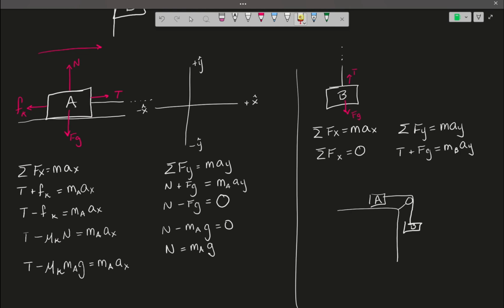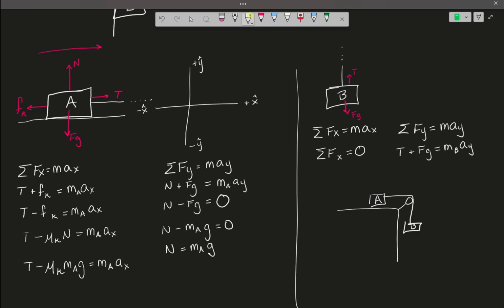Well, if block A can only move forwards, that means that this rope is going to start to come down, meaning that block B is going to go in the negative direction. In order for block B to move upwards, block A would have to move in the negative x direction, and we said that that's impossible, right? Either block A is going to move forwards or it's not going to move at all, meaning that either block B is going to move down or it's not going to move at all.